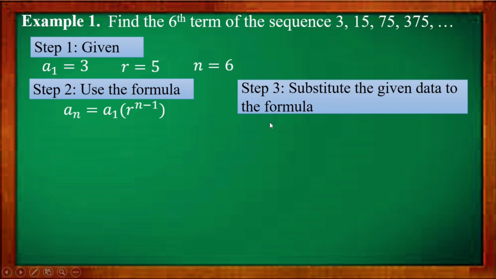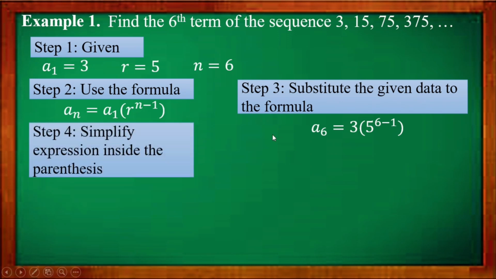So we will have a sub 6 equals 3 times 5 raised to 6 minus 1. We replace the value of n, which is 6. That is why we have a sub 6 equals a sub 1 as 3, times r, which is 5, raised to n minus 1, and n is 6, minus 1.